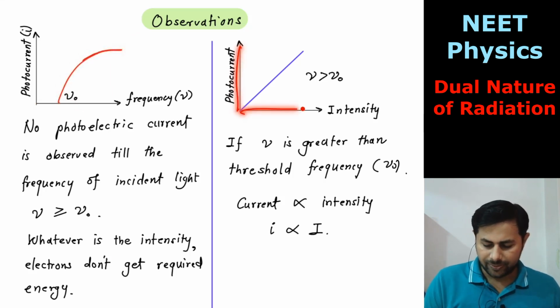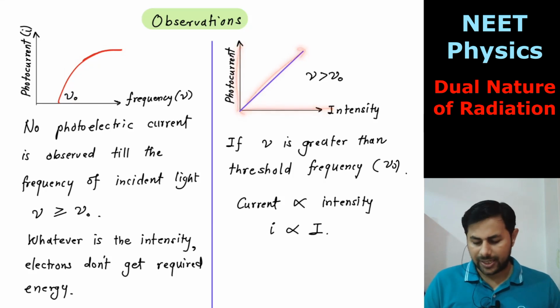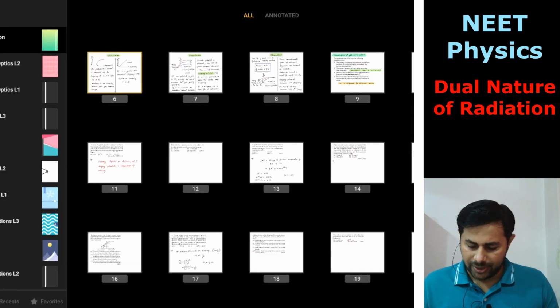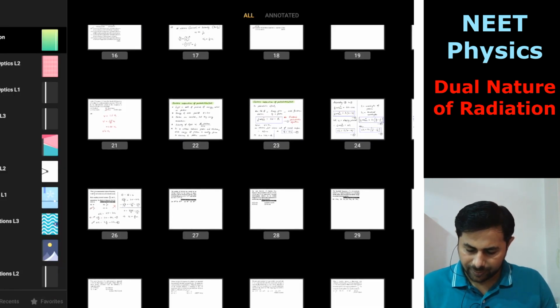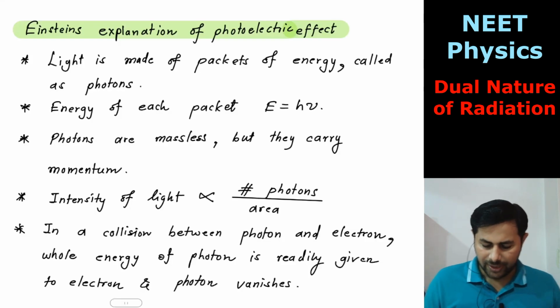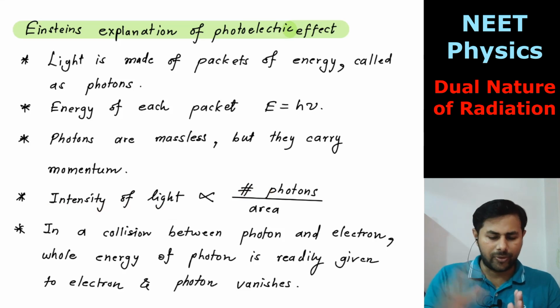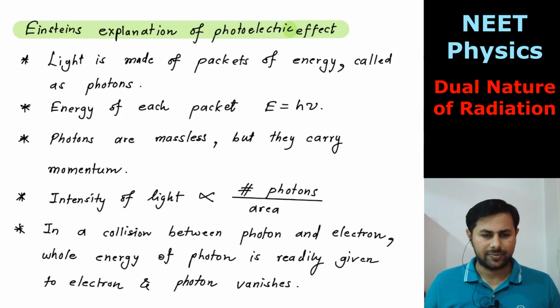Second graph, this one. Photocurrent is directly proportional to intensity. So see here, Einstein says that the intensity of light is directly proportional to the number of photons striking per unit area.